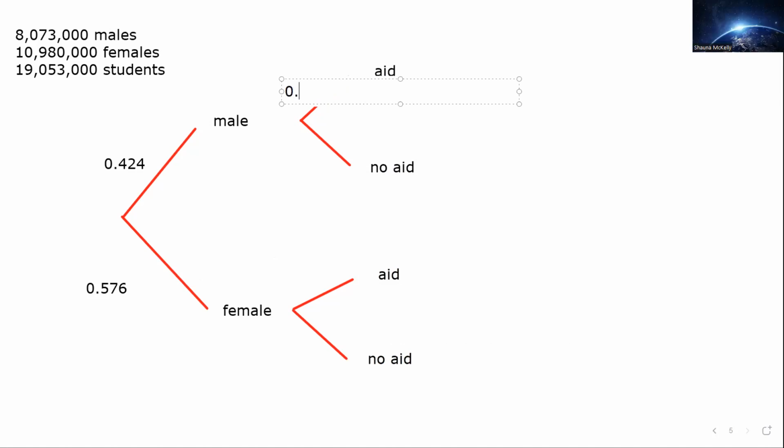So I'm going to write that as a decimal here. 60.6% of the males had aid. That's this group. And it says that the females, 65.2% of them had aid. Okay, so that's this part.